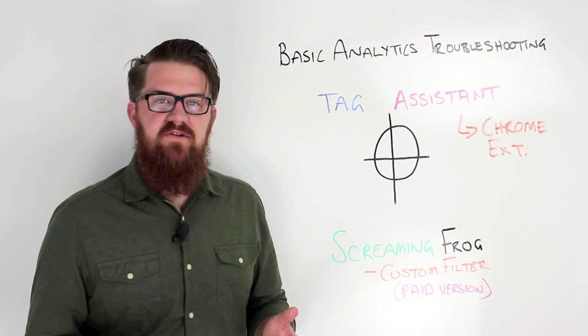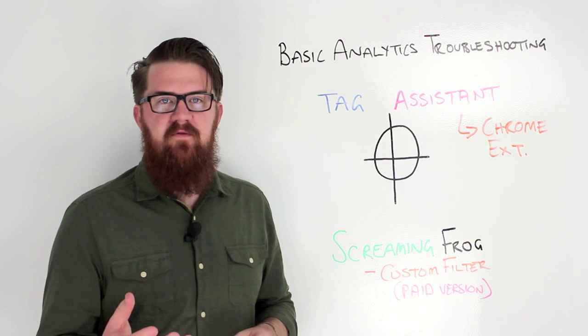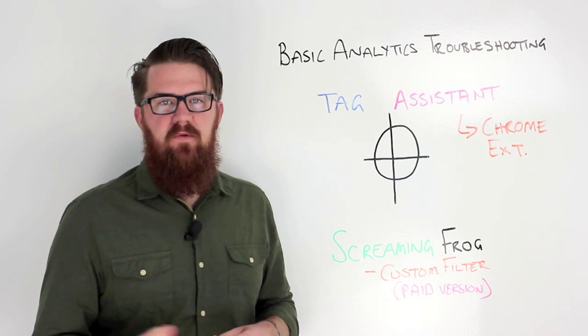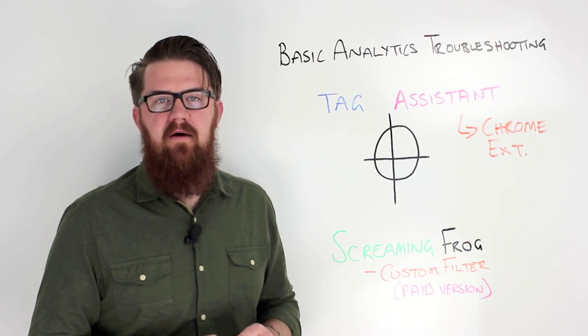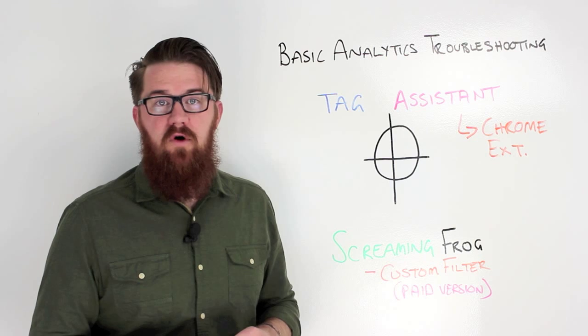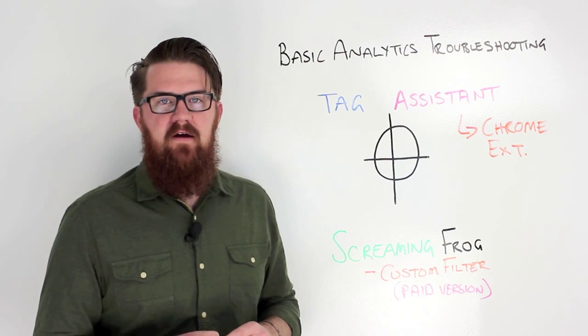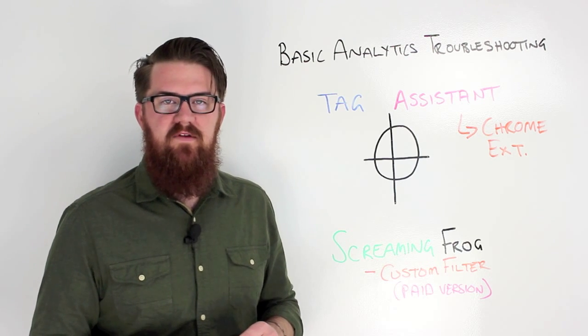Using Screaming Frog, you can create a custom filter, because Screaming Frog works to crawl a domain in a similar way to how a search engine might, and it returns the key information about the particular elements of your site. So it can pull out lots of quite granular information, such as any particular code that is on the site.